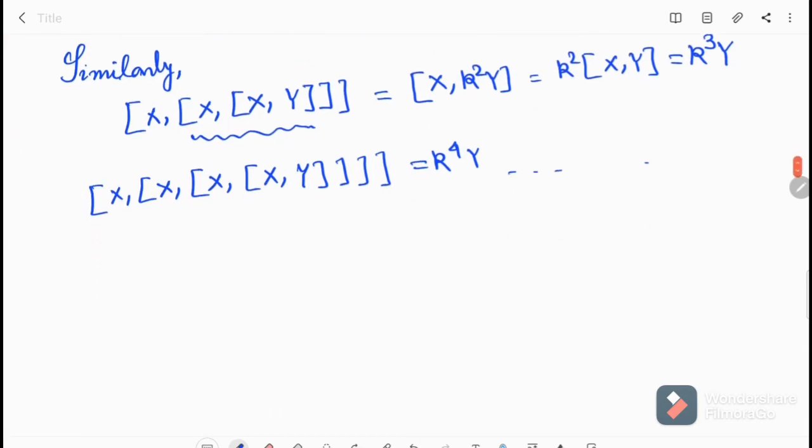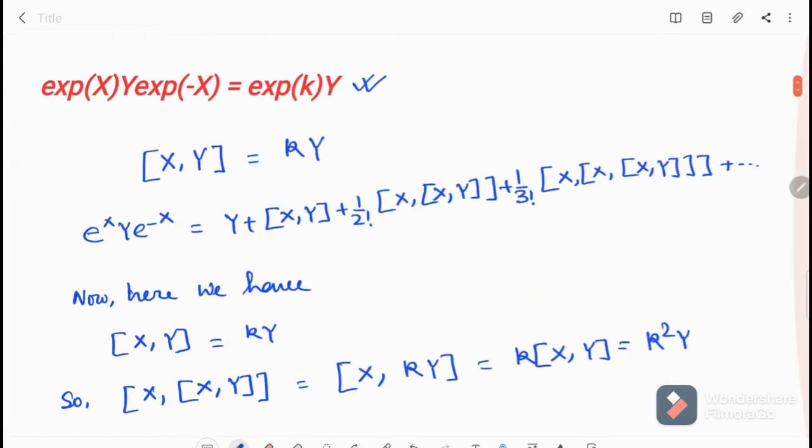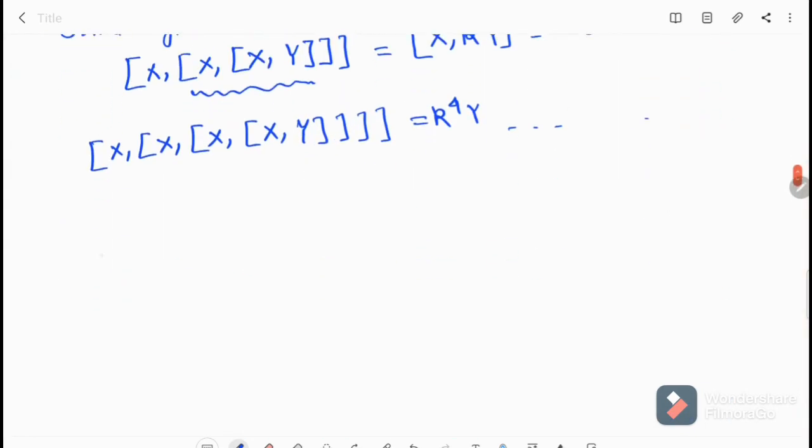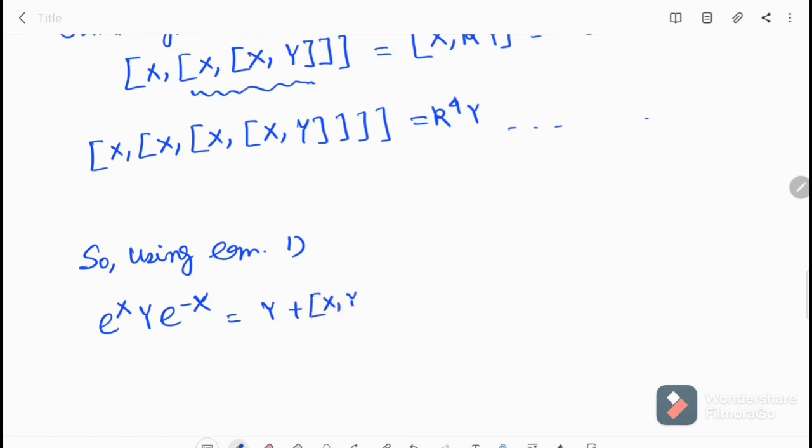So finally we can write that, let's give this equation number 1. So using equation 1 we can write e to the power x y e to the power minus x is equal to y plus commutation xy plus and so on.